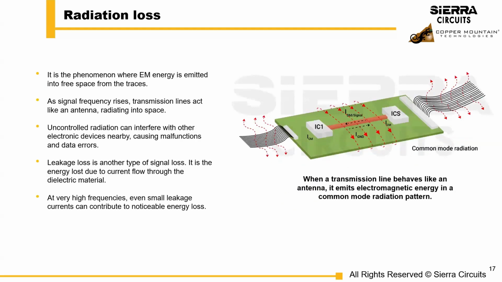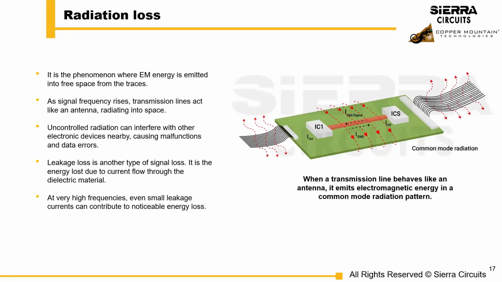Radiation loss refers to the phenomenon where electromagnetic energy is emitted into free space from the traces. As the signal frequency increases, the wavelength decreases and the transmission line may behave like an antenna radiating energy into space. So uncontrolled radiation can interfere with other electronic devices, causing malfunctions, etc. You're not going to pass EMC.